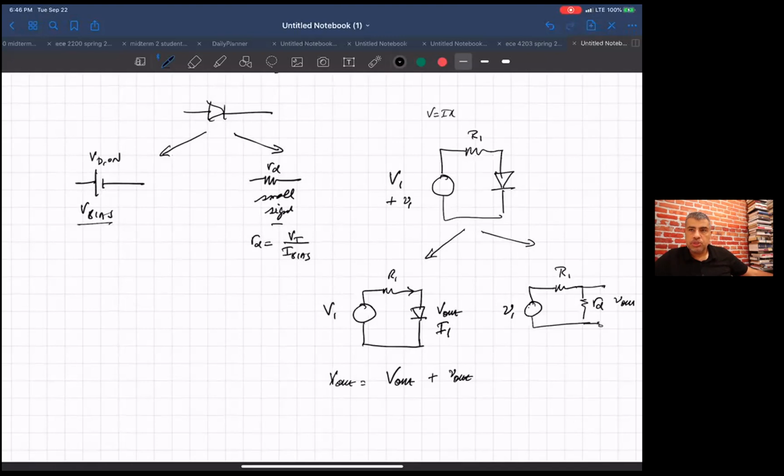I wouldn't be surprised if you guys are a little bit confused, but as we do some examples, you'll see that this methodology of superimposition of a large signal bias value with a small signal perturbation value is simpler, cleaner, etc., than doing a bunch of exponential calculations.